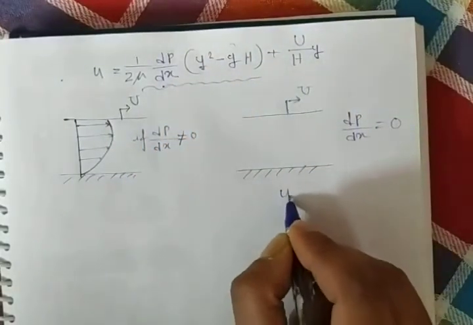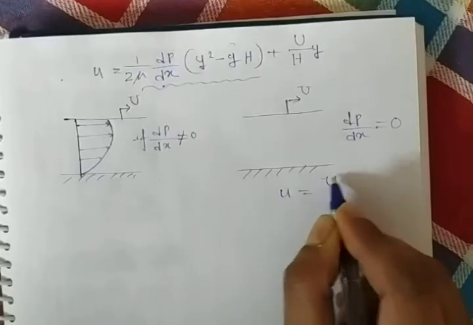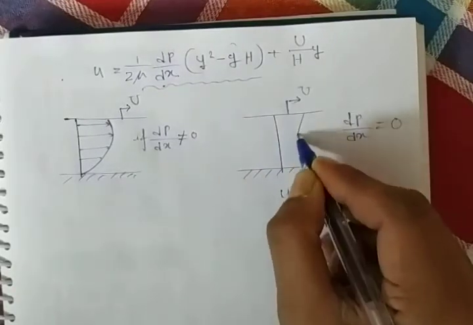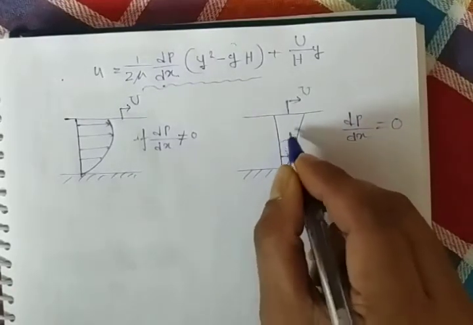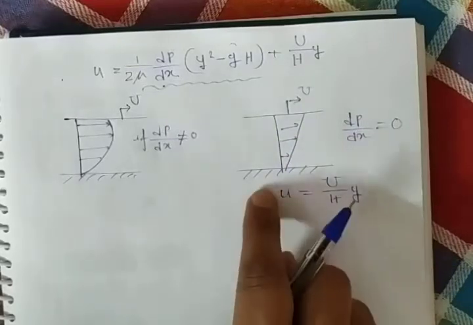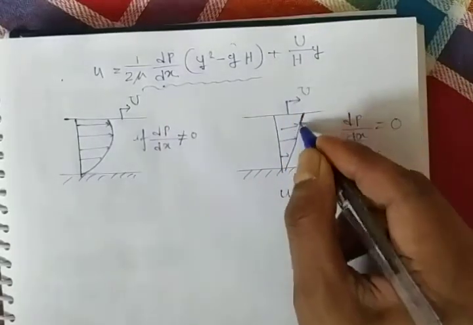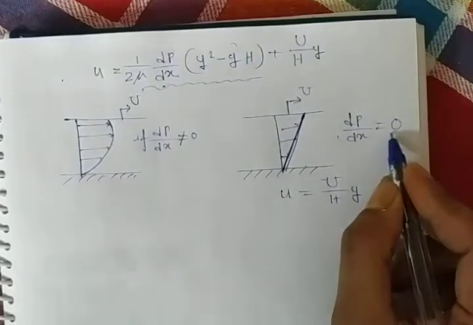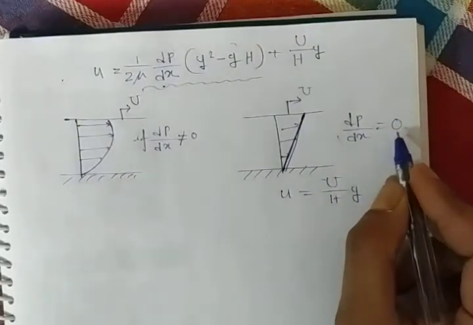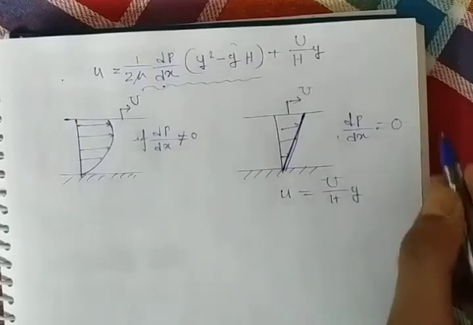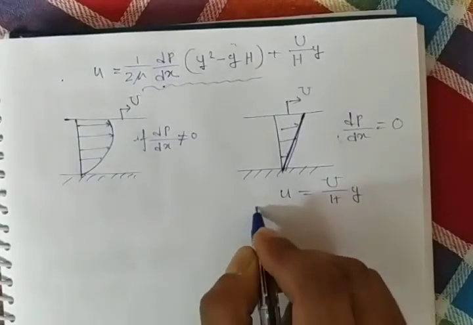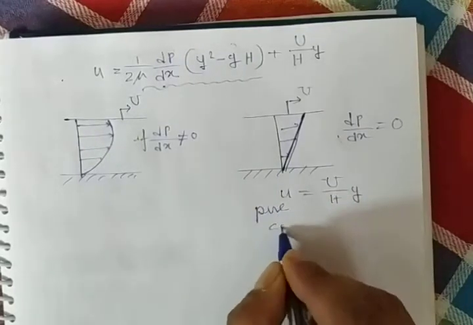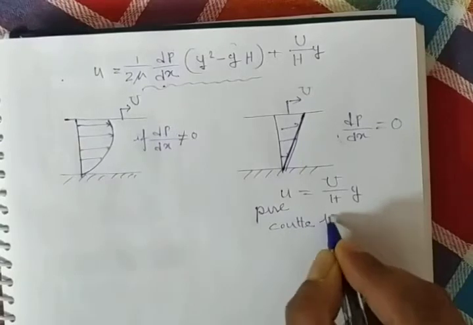In this scenario, u will be equal to capital U y by h, which is linear in nature. So this velocity profile is linear when the pressure gradient is 0. This is called pure Couette flow.